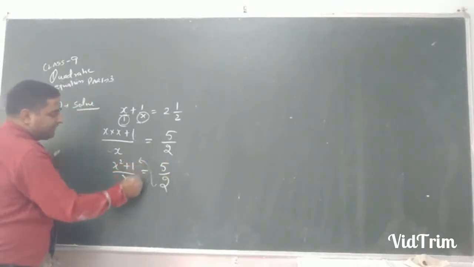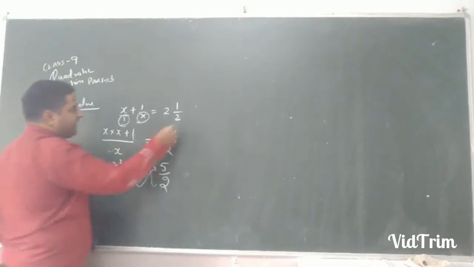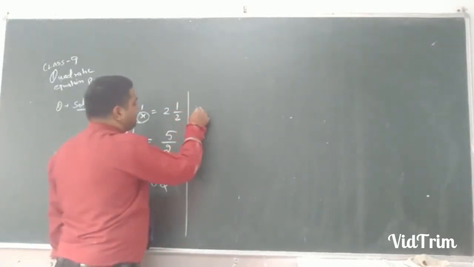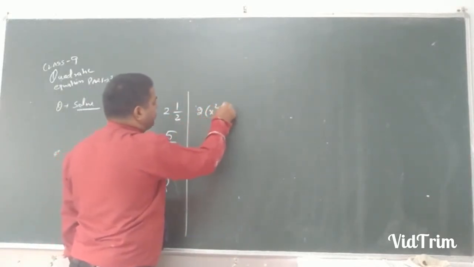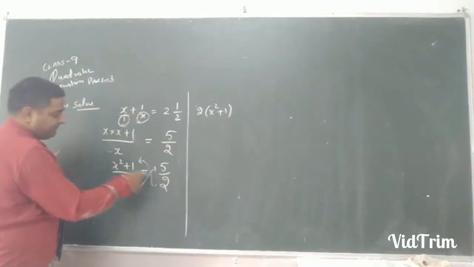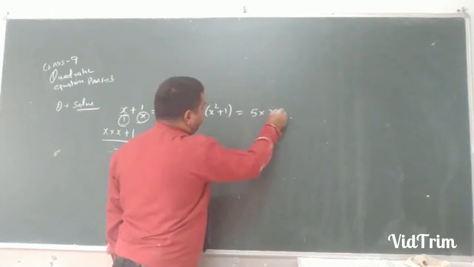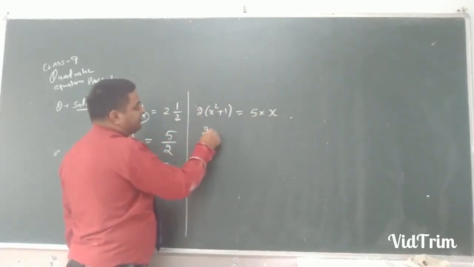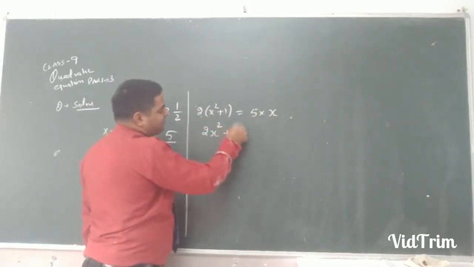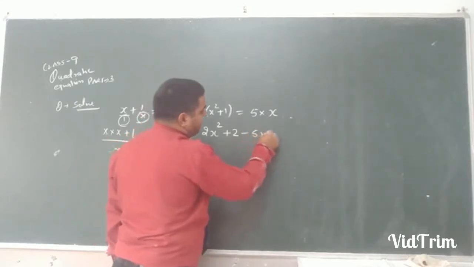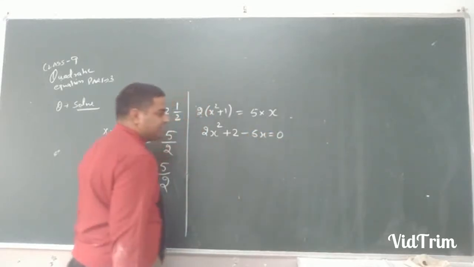Now again cross multiply. This 2 multiplied here, we get 2 into x square plus 1 equals to 5 into x. So we get 2x square plus 2 minus 5x equals to 0.